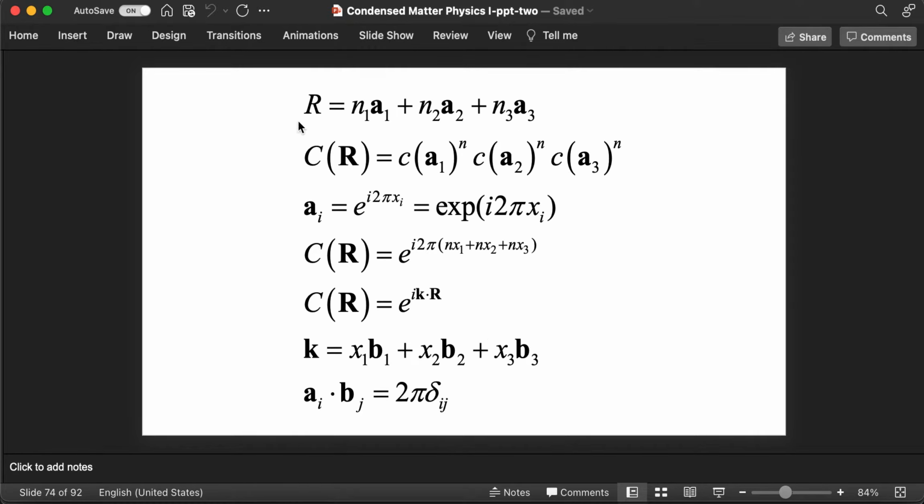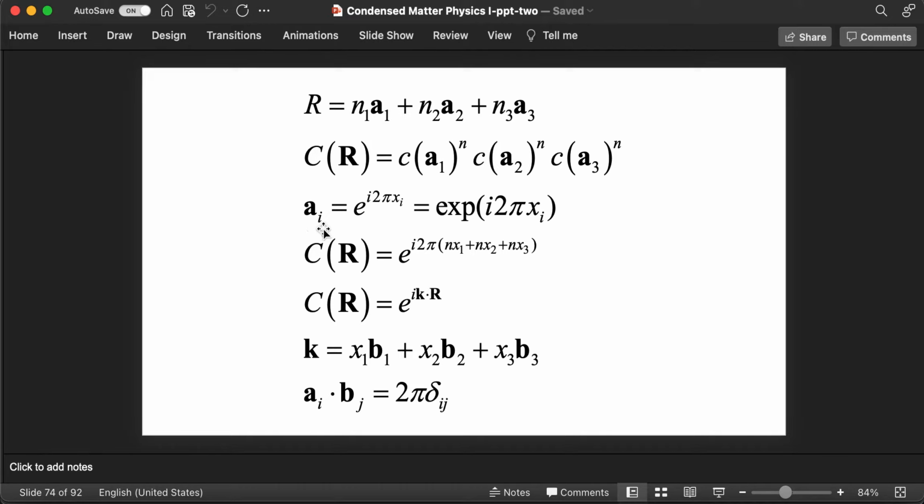Because if you successively operate, it's just like multiplying the eigenvalue. Now if I have the full form of the Bravais lattice vector R, I can write C of R as a product where each factor is raised to the power n. I can choose each of those primitive lattice vector eigenvalues in this form, exponent of 2 pi i x_i, and that x_i can be some number. We don't know what that is. It can be real or imaginary, but we will worry about what that number is presently.